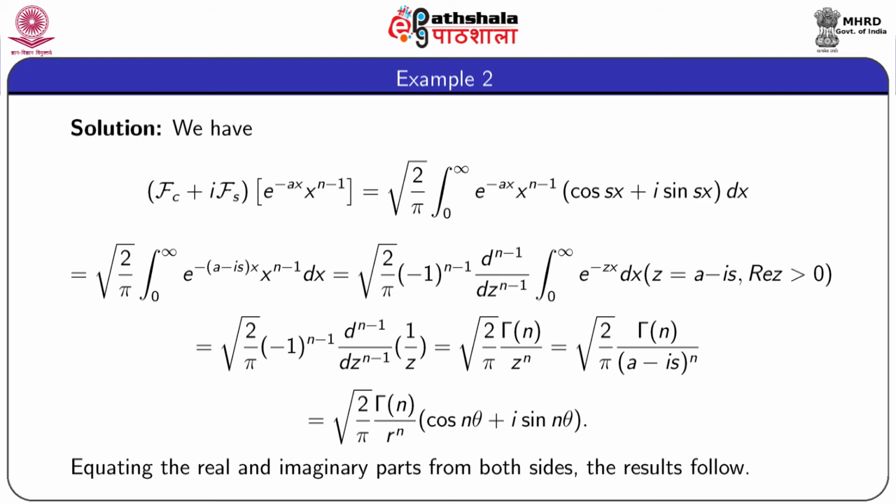So that we get root over 2 by pi integral 0 to infinity e to the power minus (a minus is)x x to the power n minus 1 dx.